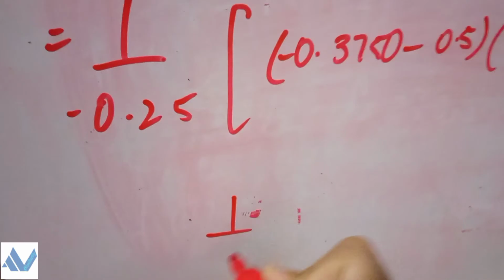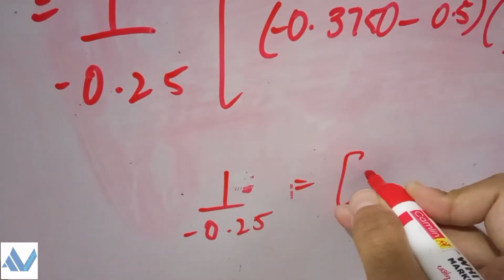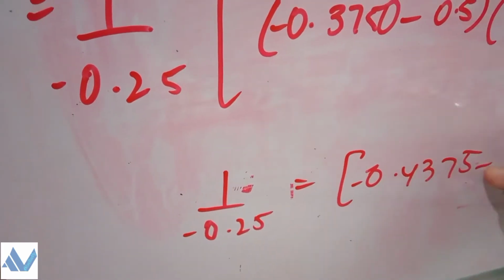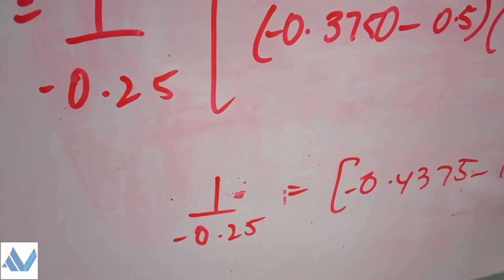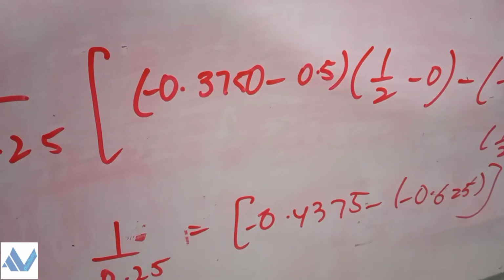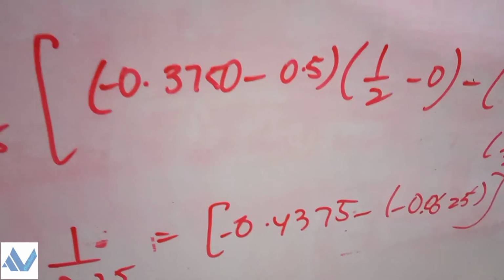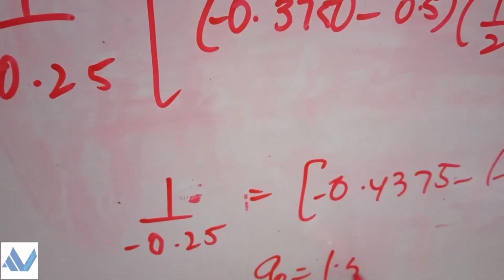So 1 by minus 0.25 times minus 0.4375 minus of minus 0.625, minus 0.0625. So the value of a0 is equal to 1.5.